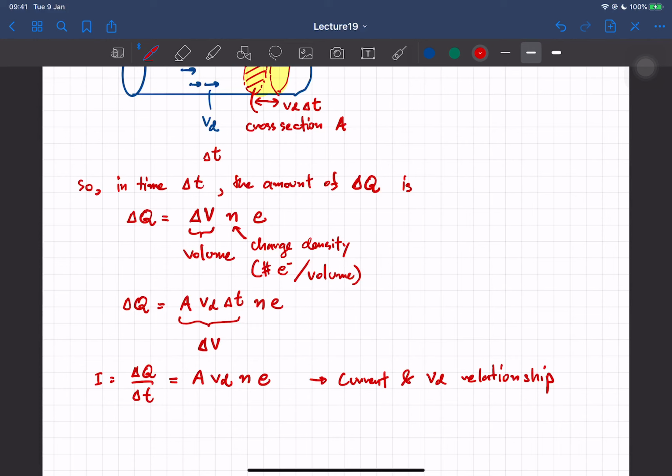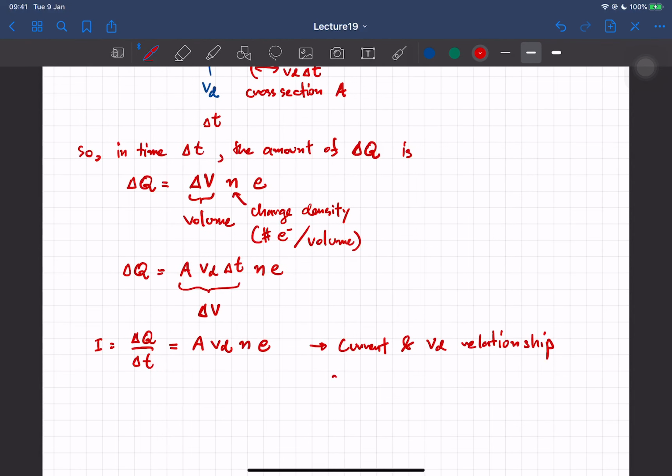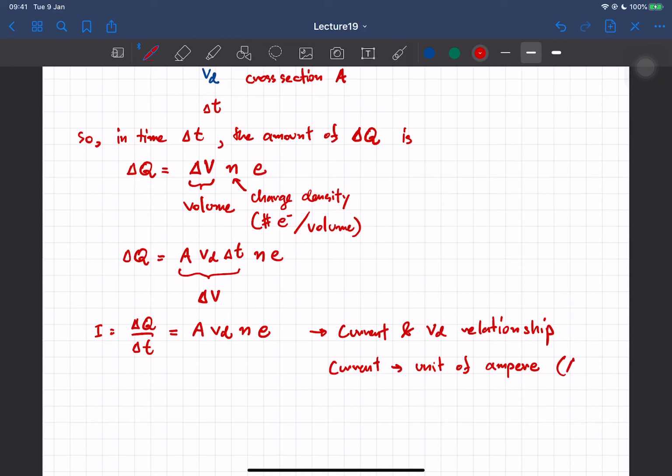Okay. In other words, if you have a problem that says the current is this much. Well, by the way, current uses the unit of ampere, named after another physicist, Ampere, and the abbreviation is A. So you're going to get something like, the current is 10 amps or something like that.